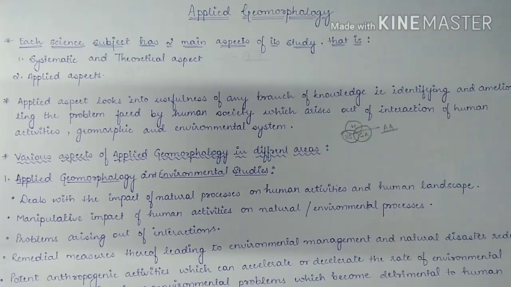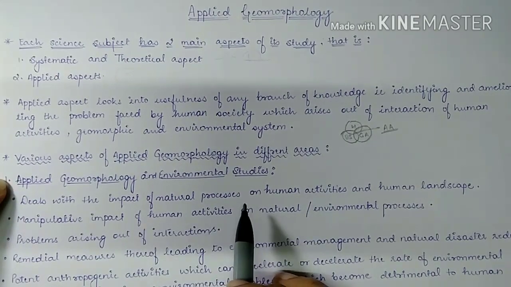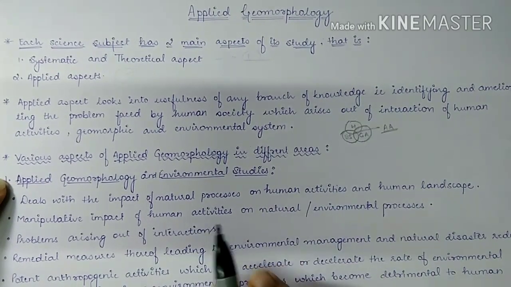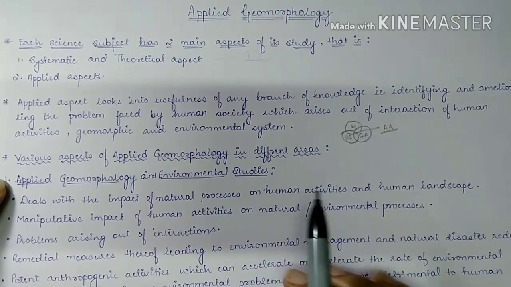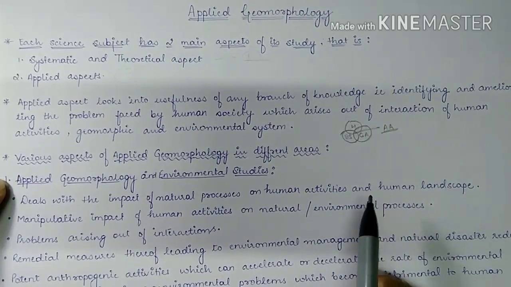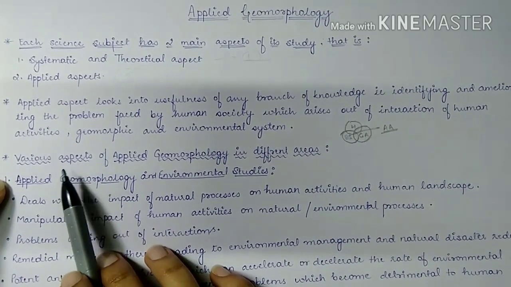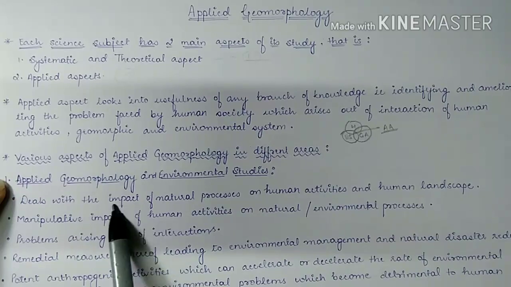Now we will look into various applied aspects in different areas. Firstly, environmental studies: how environmental studies and applied geomorphology are interrelated. All the natural processes have an impact on human activities and the human landscape, and applied geomorphology deals with that impact.